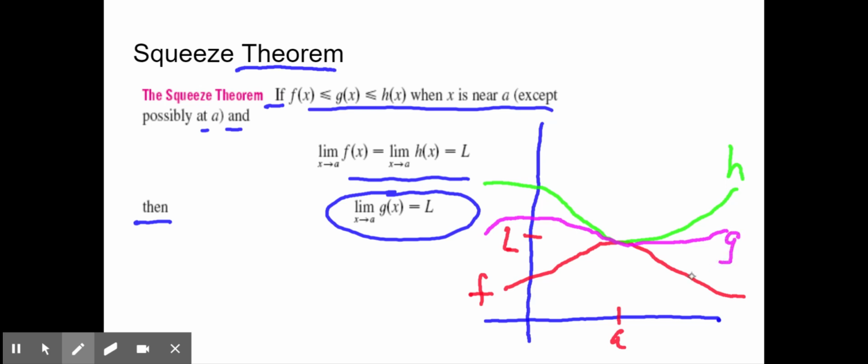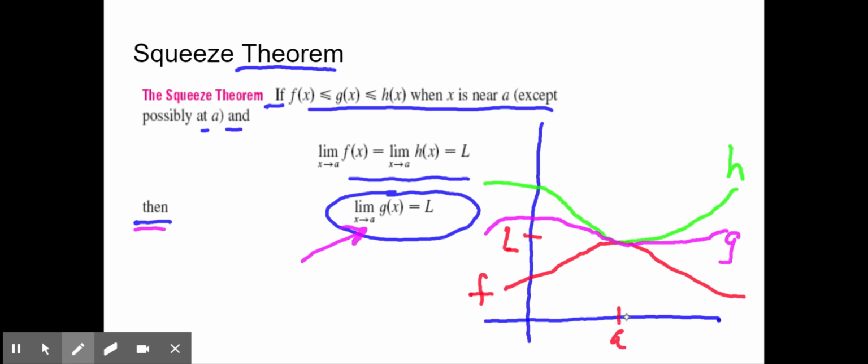So now there's my picture, and here's the conclusion. Then, if you draw all of this correctly, if all of this is true, and based on what we drew, it's all true, then this must be my conclusion. The limit as x goes to a of g of x must equal L. So let's take a look at that picture.